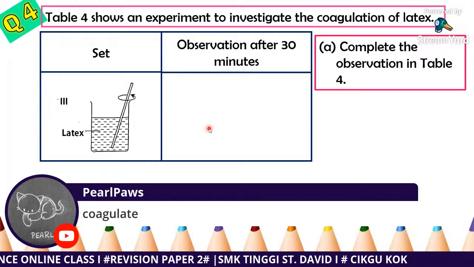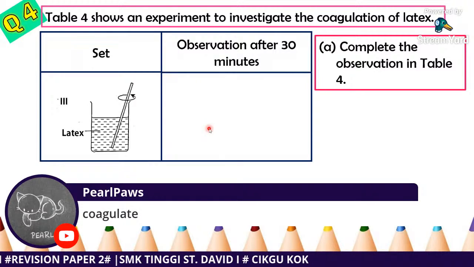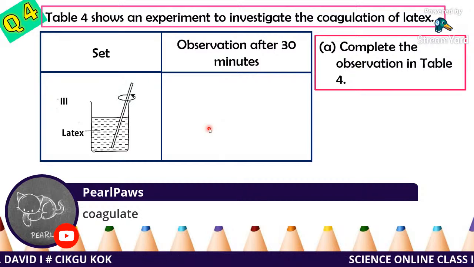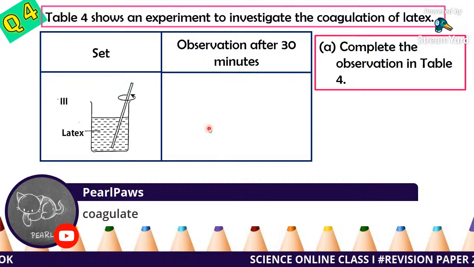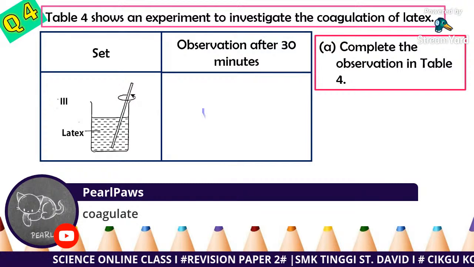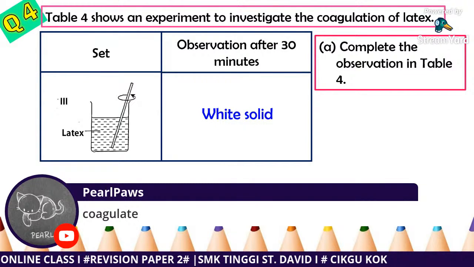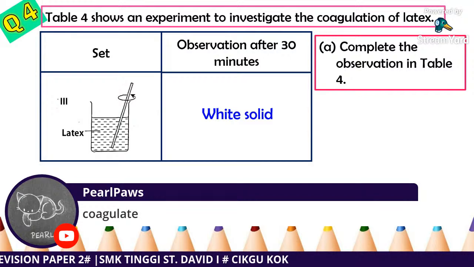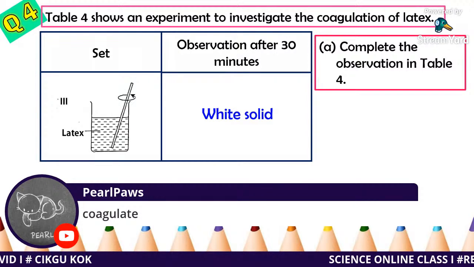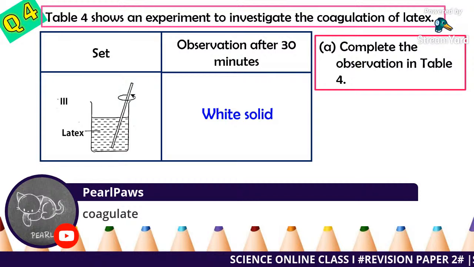Because we just left the latex for a few days, we find it still coagulates. The reason is, okay, we check the answer. White solid, because it coagulates as the surroundings have bacteria. The bacteria will produce acid. Then the acid will form on the latex.